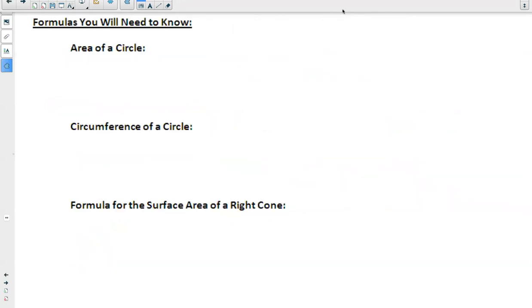Okay, so again, like we did last lesson, there are some formulas that we're going to be using here and going forward. Some of these formulas might look familiar to you. So area of a circle: area is equal to pi r squared. Remember, if that's a general circle, from the middle to the outside is the radius, and the whole distance across is the diameter.